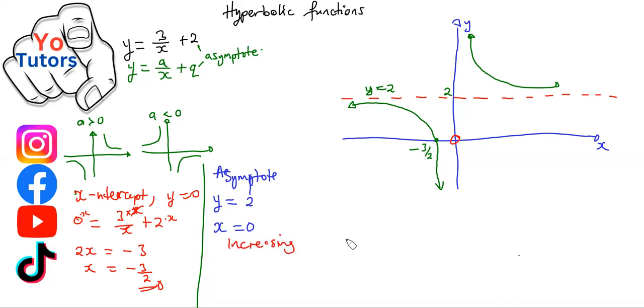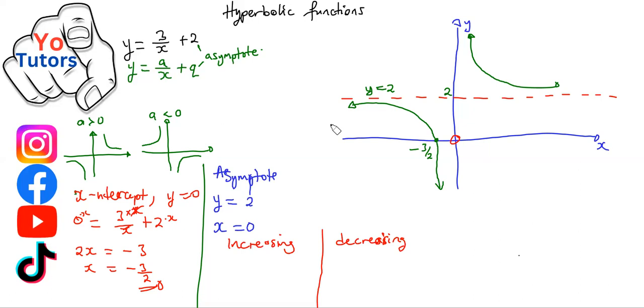The graph is decreasing when it has a negative gradient, but when it's increasing, it has a positive gradient. In this case, your graph will always have a negative gradient. So when it comes to hyperbolic functions, they are either increasing or decreasing, just like linear functions.